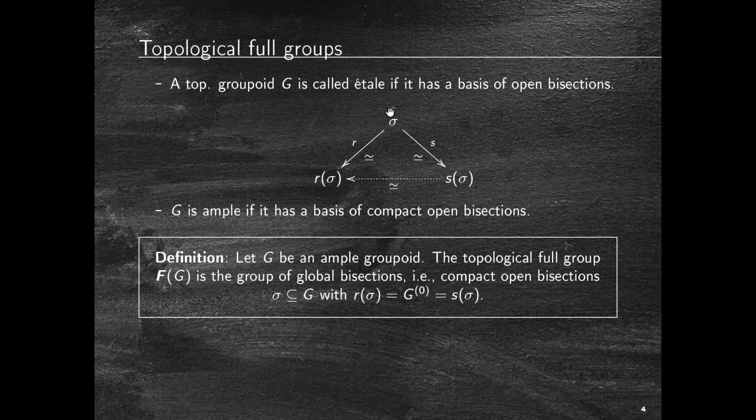As this picture shows, if you have a global bisection, then you get actually a homomorphism of the unit space. Homomorphism from the source to the range, but they are all equal to the unit space. And so sometimes people also think about the topological full group as being a subgroup of the homomorphisms of the unit space.